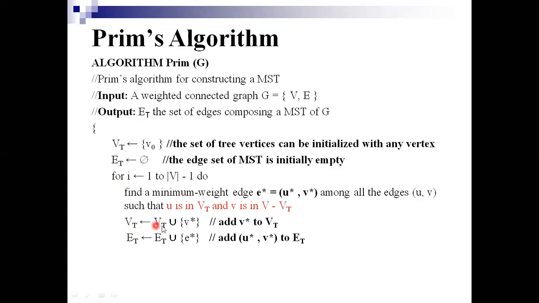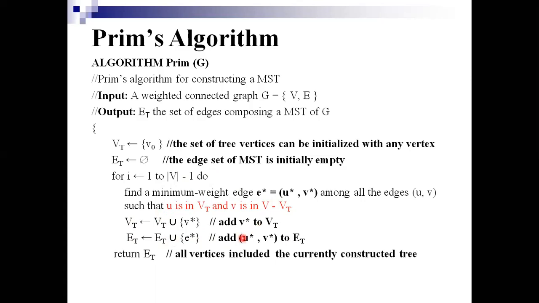VT is equal to VT union V star, because V star is a new vertex that comes into my spanning tree. Understood? Why do I put union? Because V and E are sets, a set of vertices and a set of edges. And ET is now ET union E star. So what is E star? E star is my new edge which is selected. So repeat this process till you select the required number of edges, where the required number of edges is 1 less than the vertices.